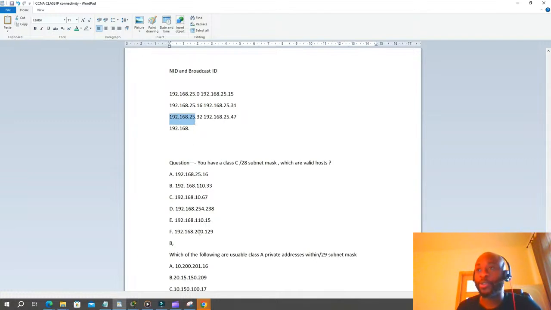So this one is going to be 192.168.110.32 up to .47. What I want to tell you is the first three octets don't really matter, because it's a /24, so those ones don't matter.